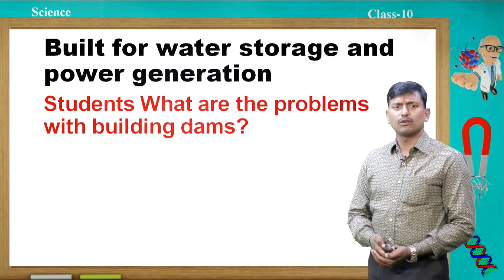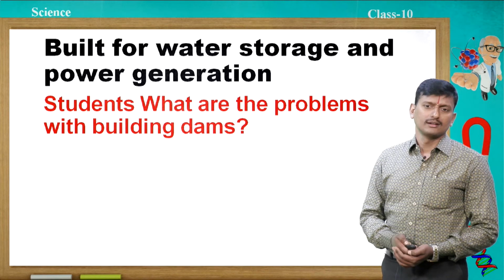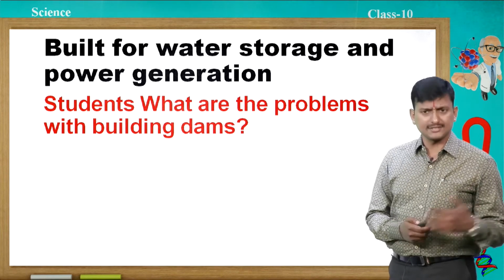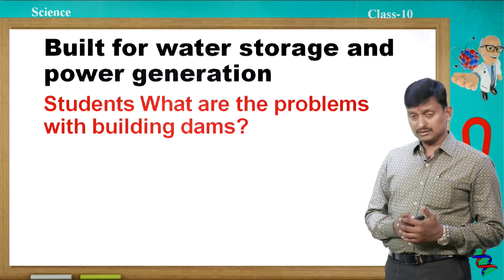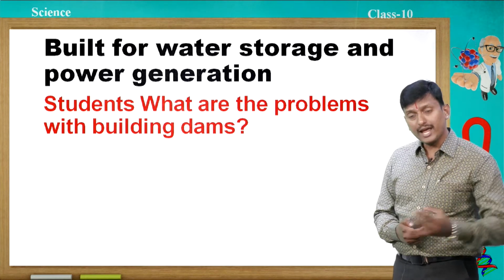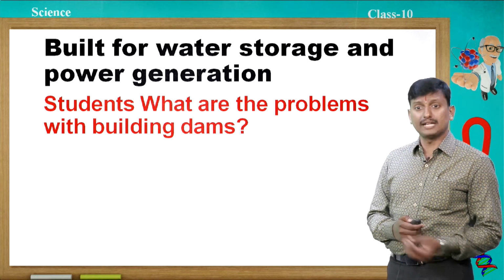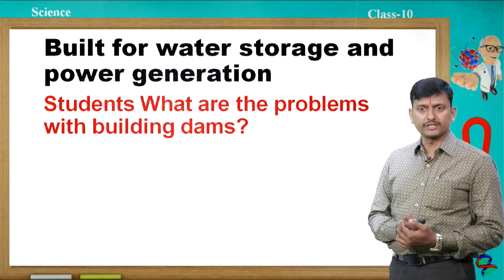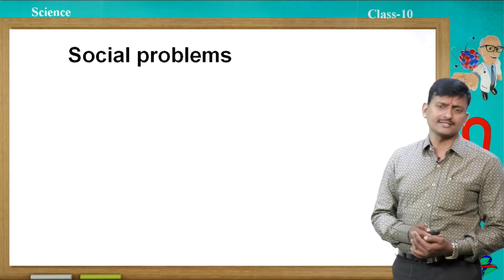Students, what are the problems with building dams? In the previous session, we discussed that dams are used to store water. Then, what are the problems with constructing dams? Yes, there are many problems. Let us see.